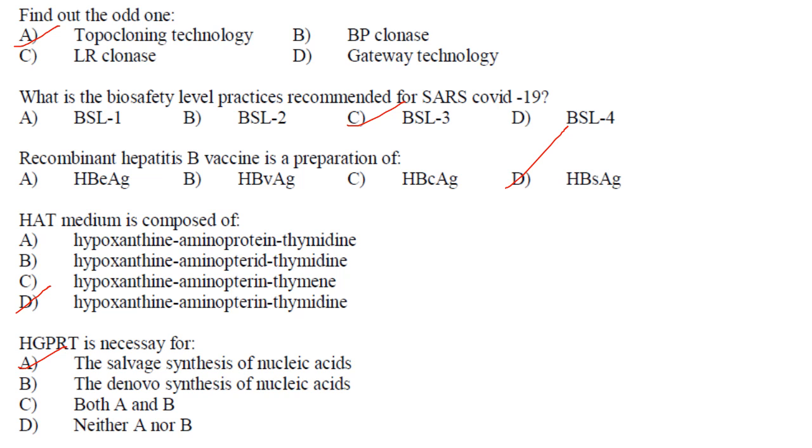Then HAT medium is composed of hypoxanthine, aminopterin, thymidine. So that is found in option D. Then HGPRT is necessary for salvage synthesis of nucleic acids. Answer is option A. These are all direct questions, that is why I am just giving out the answer without much explanation.